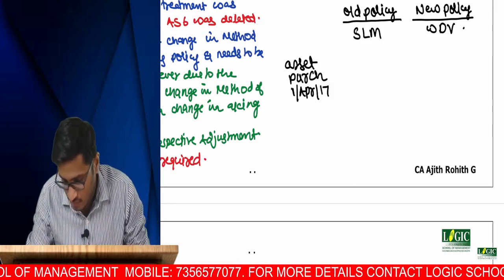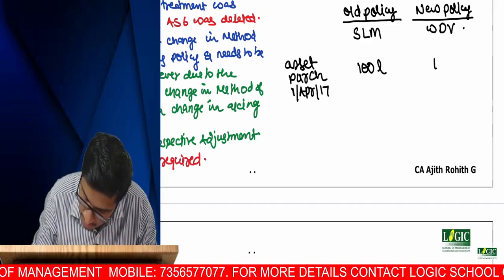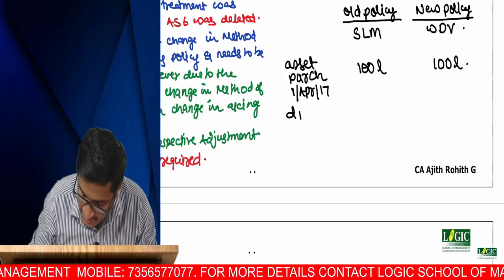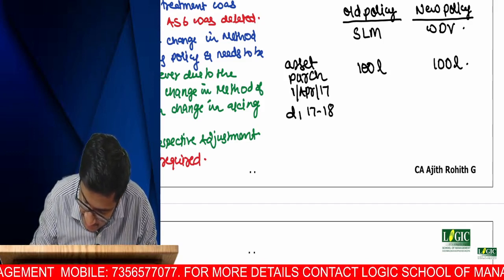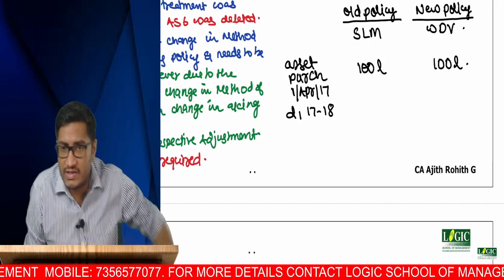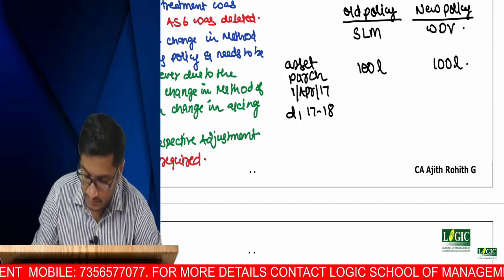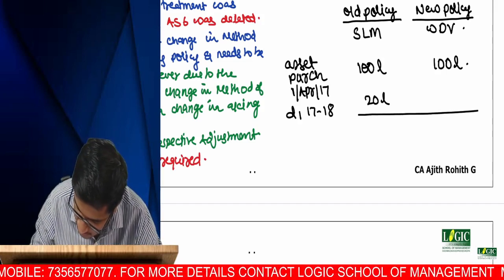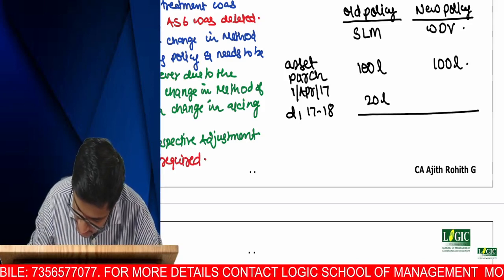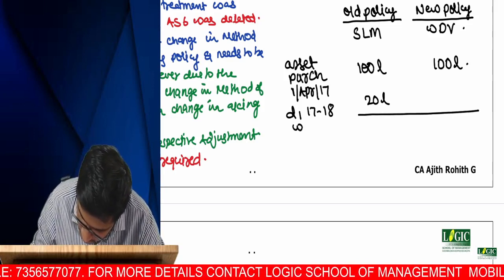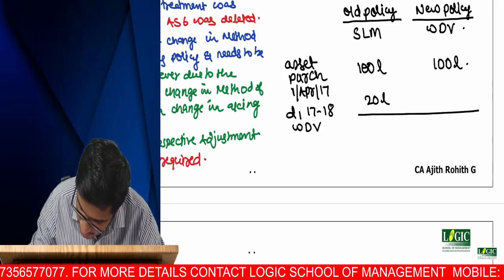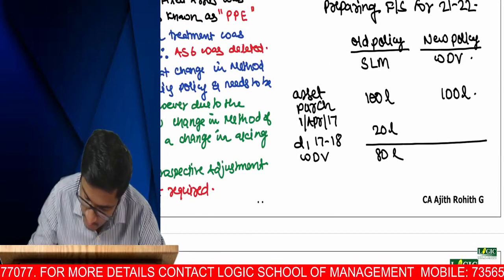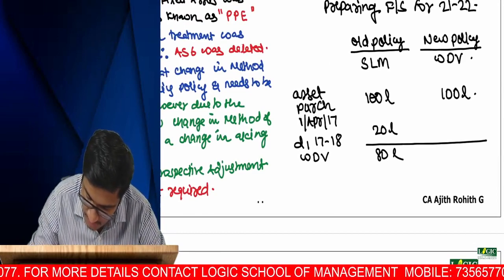How much? In both places, 100 lakh, isn't it? So what is depreciation? D1, that is 17-18. As per old policy, what is depreciation? 20 lakh. Okay. What is WDV? 80 lakh. Okay. Or else what I'll do is I don't have adequate space. I'll write in the next page.